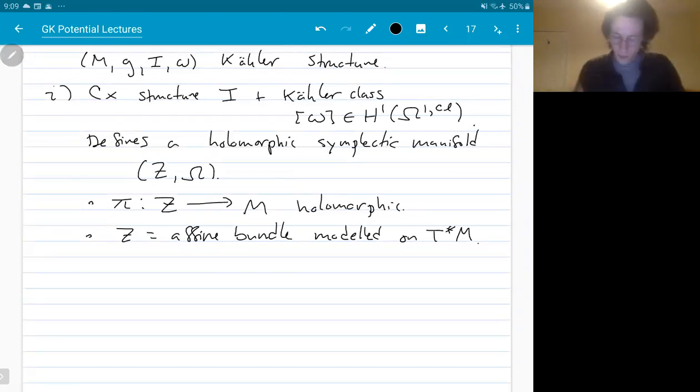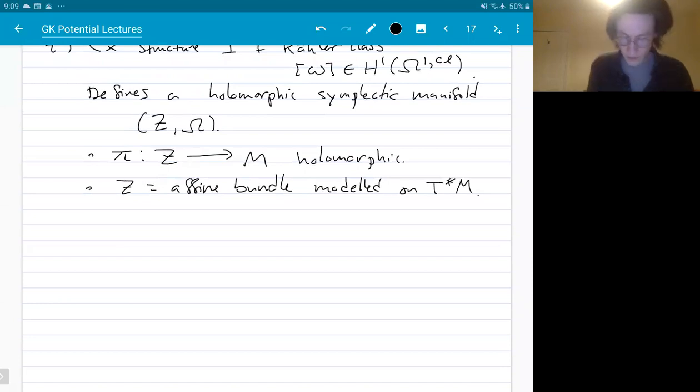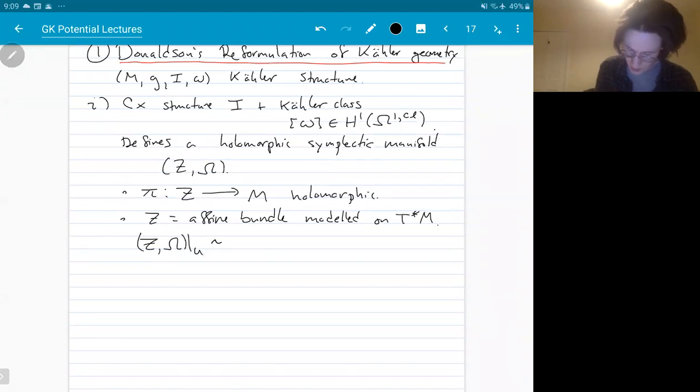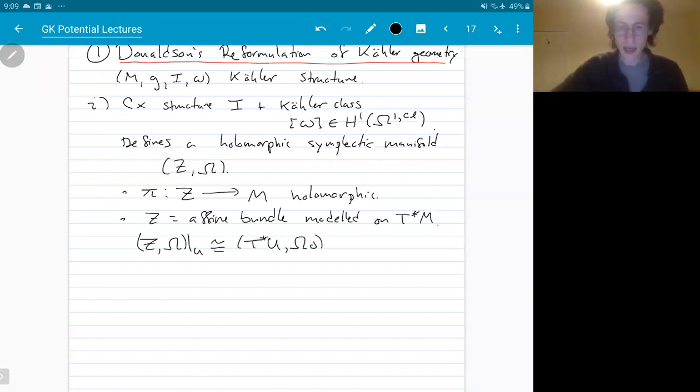So if you remember, the basic idea is that if we restrict to a small enough open set, and let's include the symplectic form, Z is locally just given by the holomorphic cotangent bundle of M with the canonical symplectic form, say U. And the way that it's built up is with affine translation functions.